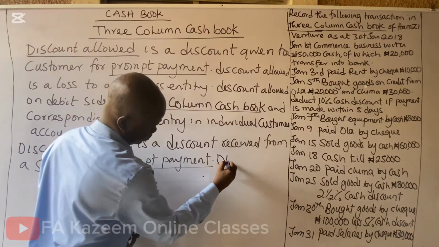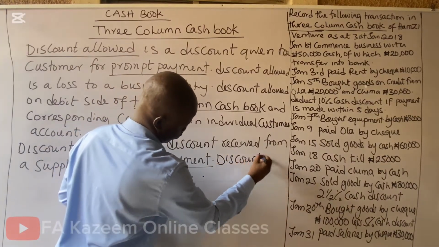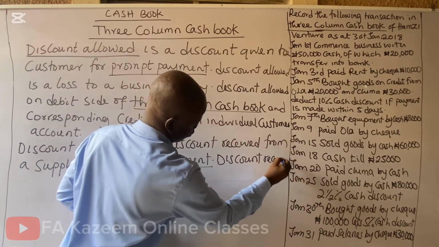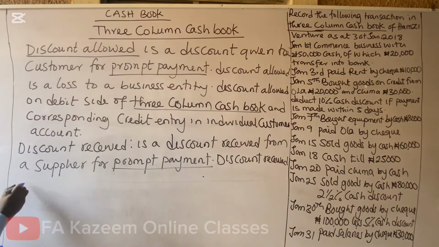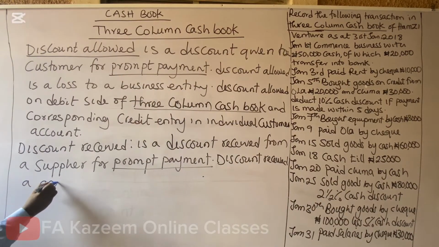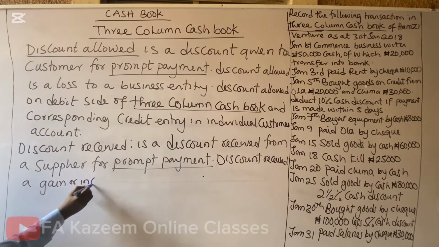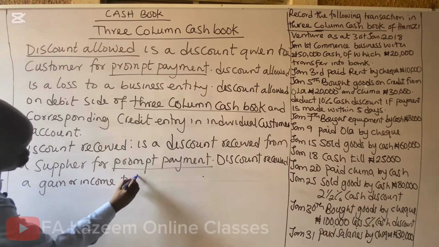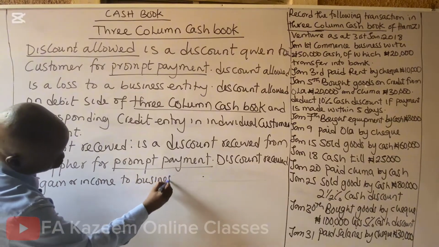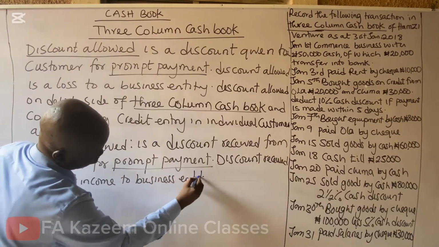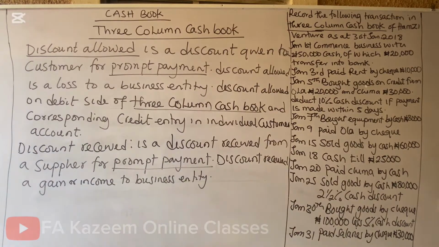Discount received is a gain or income to a business entity.